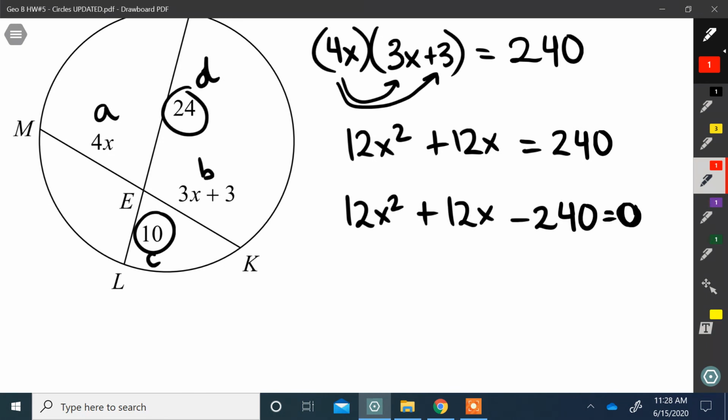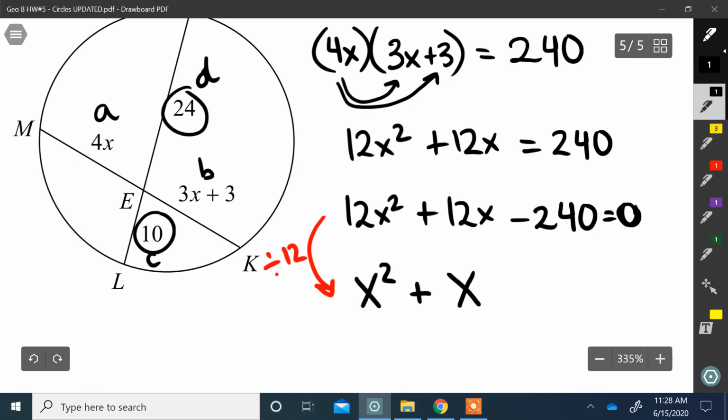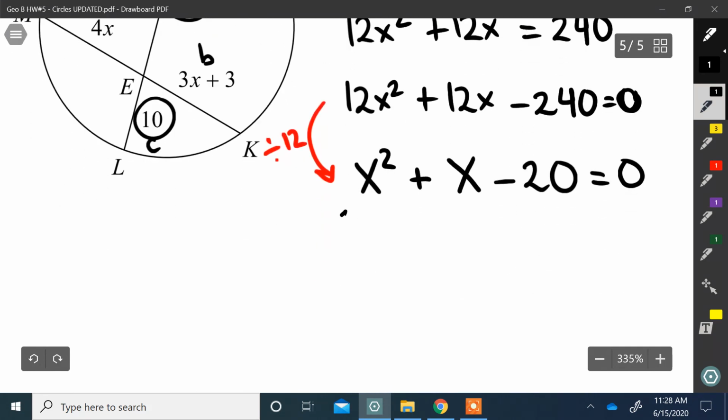So to deal with that 12 in the middle, I'm going to divide everything by 12. So I'm going to get x squared, and that's going to simplify the problem so much. 240 divided by 12 is going to be 20, or negative 20 actually. Now all I have to do is factor this, which is very easy as well.